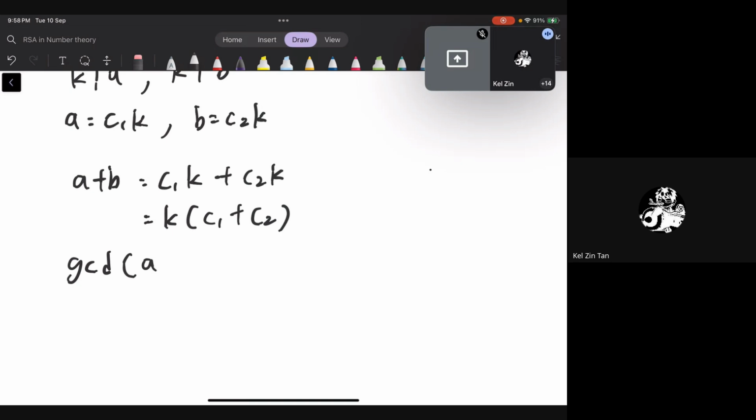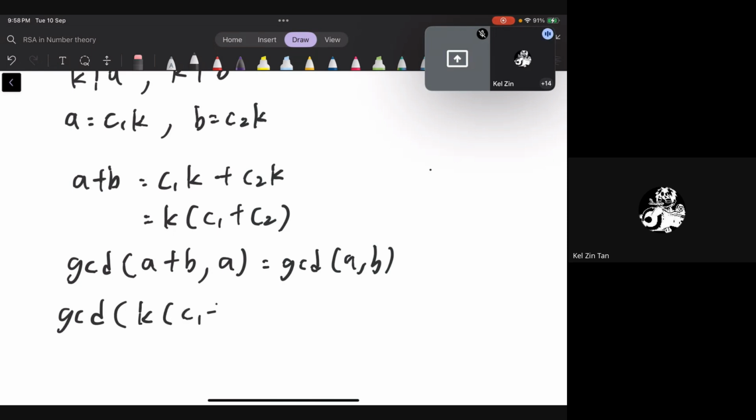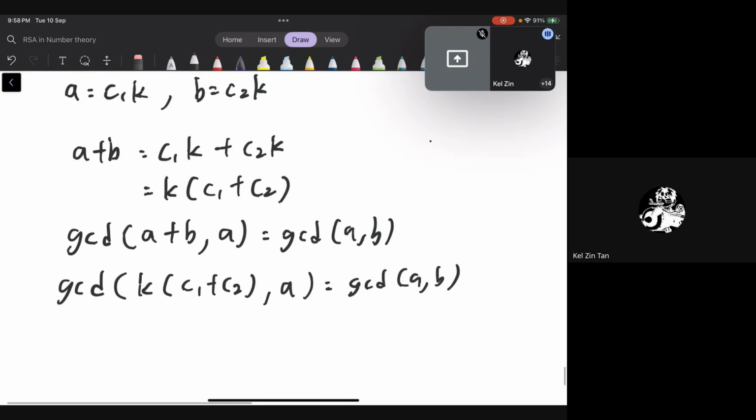So I want to prove that, like what you say in the chat, this thing is still equal to this, right? So for this we have that this is equal to k and then c1 plus c2 a. So I want to prove that the GCD of c1 and c2 and a is equal to 1.